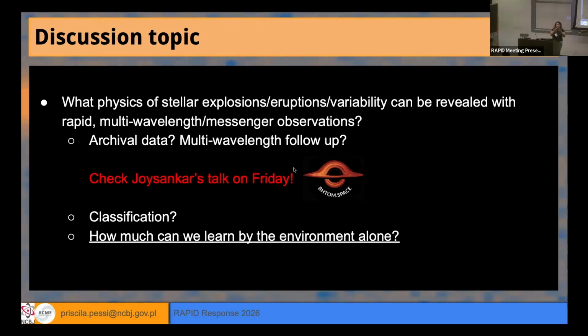So if the host covers the whole stamp, then we do the shuffling. We are shuffling the host around, like we are shuffling the background. So in this case, our background is the host. So if things are very nearby, and the host occupies the whole stamp, then we are flagging them as hostless when they are not. Okay, so did you find any true example of hostless very nearby? No. Okay. Thank you.